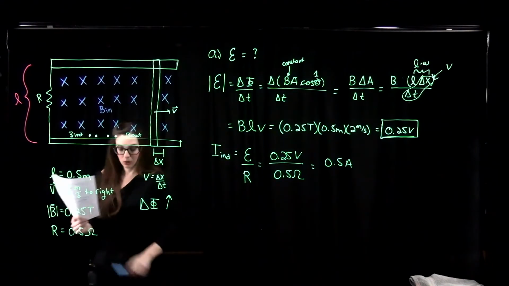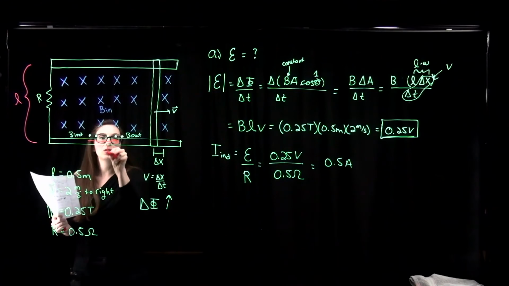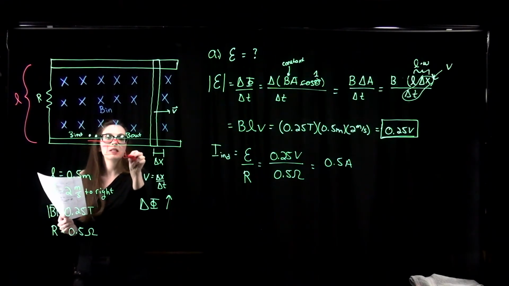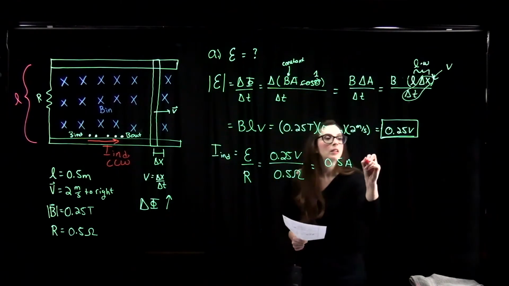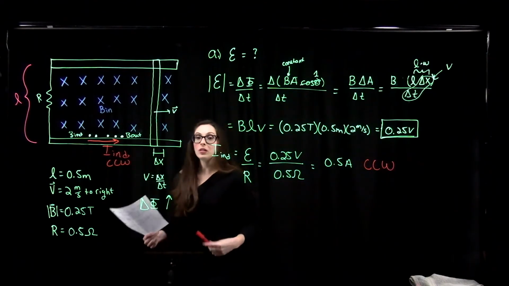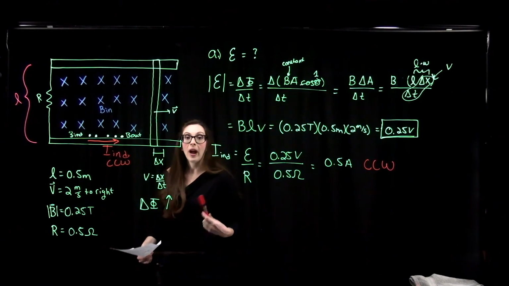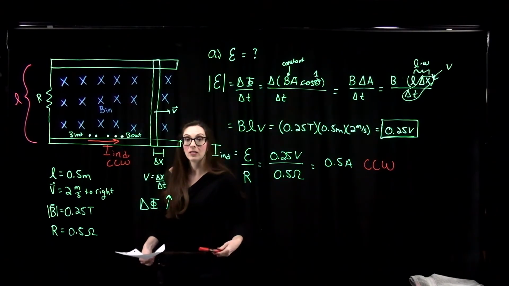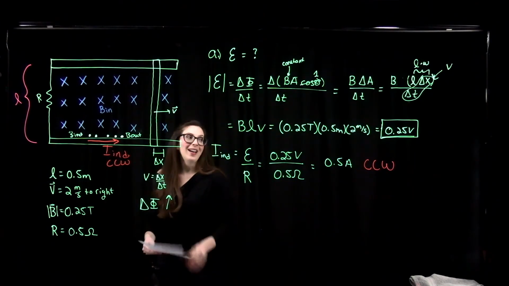So the induced current is going to be pointing in this direction. This is a counterclockwise current. So my induced current is going to be counterclockwise. So we're going to induce this current, which induces the magnetic field that's trying to oppose this increase in the changing flux. Okay, so that's part A.